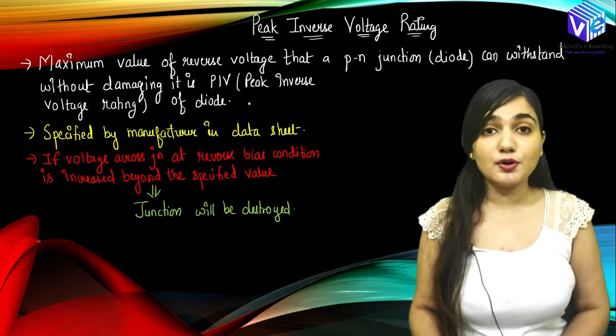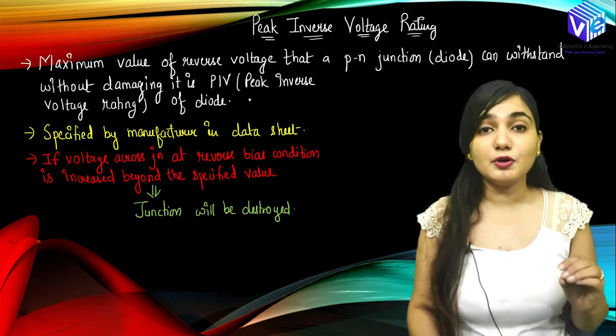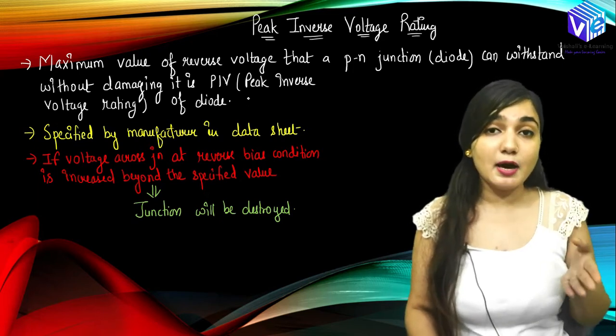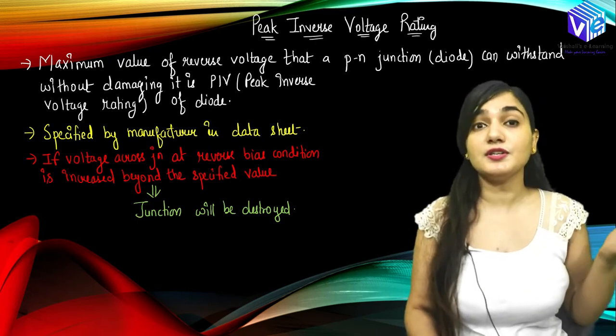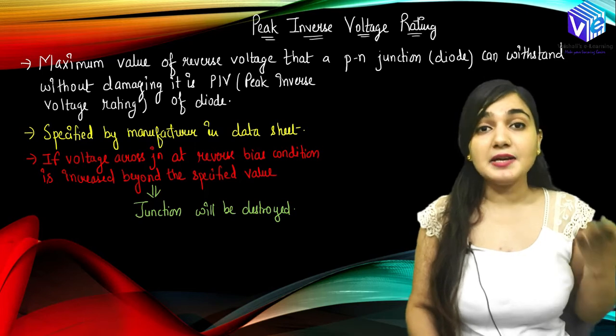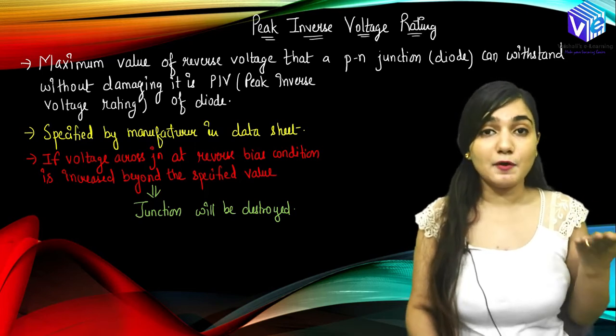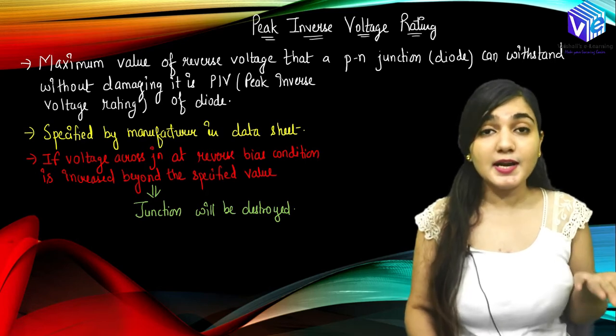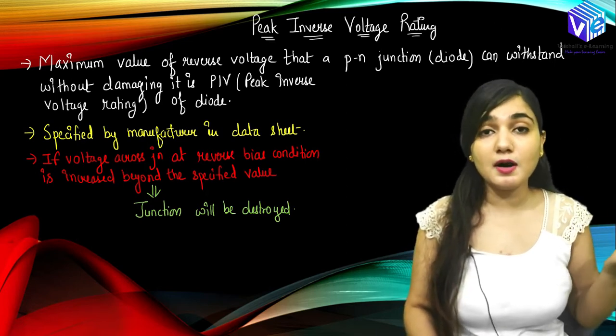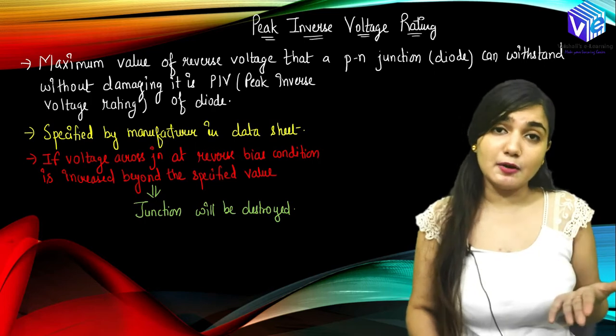Right, so we should understand that the peak inverse voltage is the maximum voltage. What happens after the breakdown region? The current is going to increase abruptly and it may cause overheating, because very high current will cause overheating, right? So mostly we want to work before the breakdown region only.